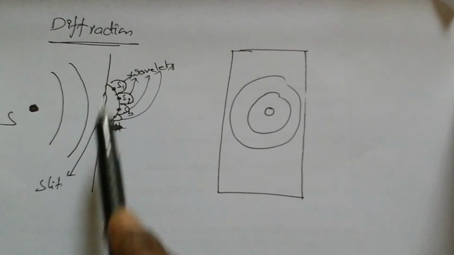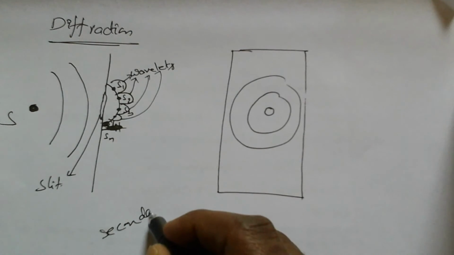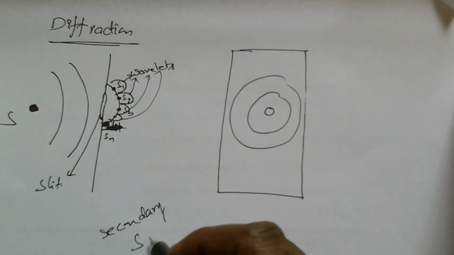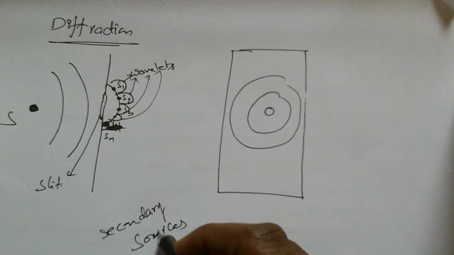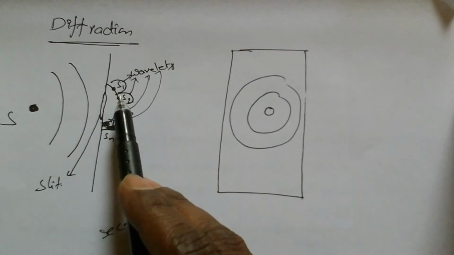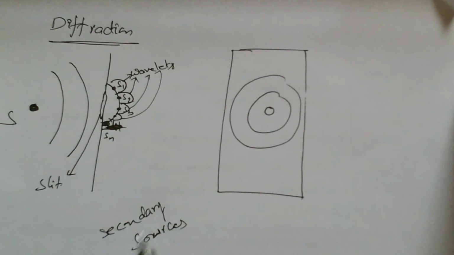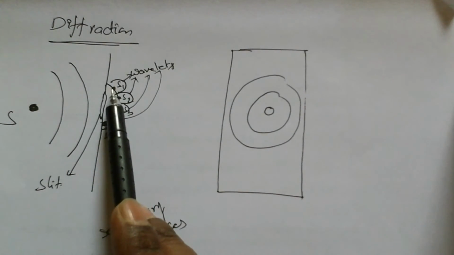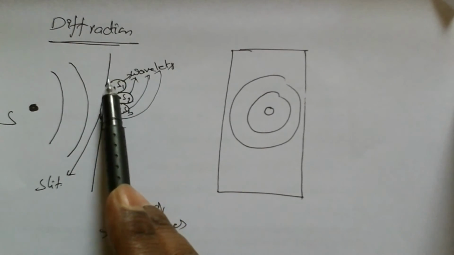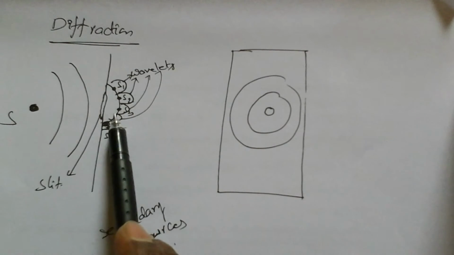All these points are called secondary sources. They will act like secondary sources. From the secondary sources, again small wavefronts are emitted like this.